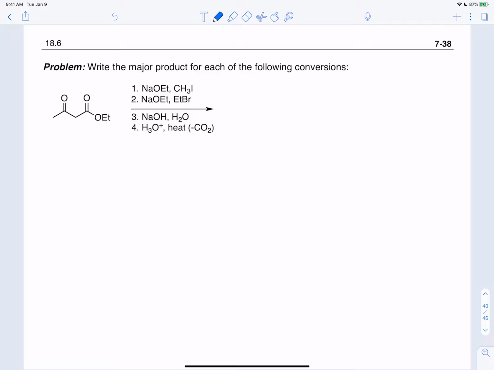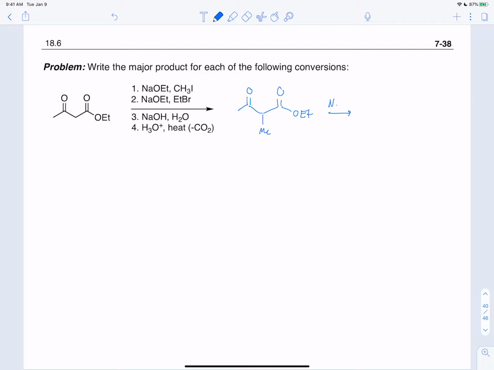So we think in the first stage we're going to add sodium methoxide and our first electrophile, methyl iodide. So from the first step, we would end up simply alkylating the central carbon. So we'll go through the same deprotonation followed by alkylation. Then we're going to add in sodium methoxide and have ethyl bromide added in.